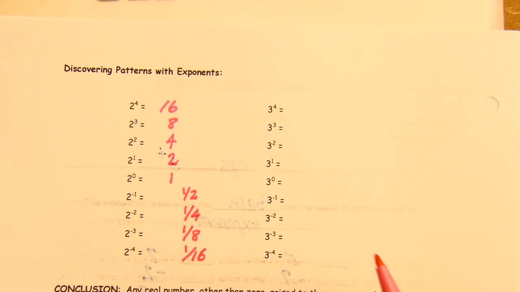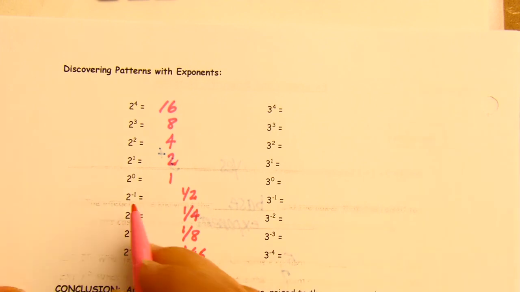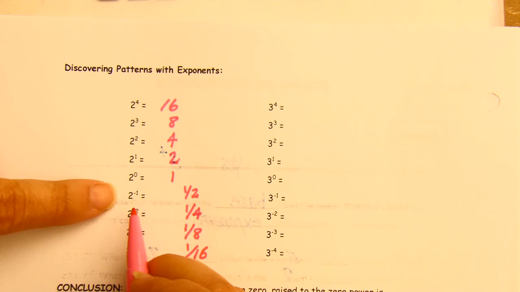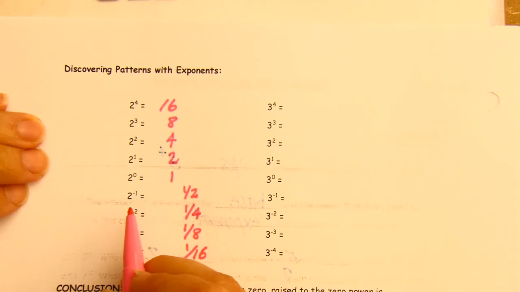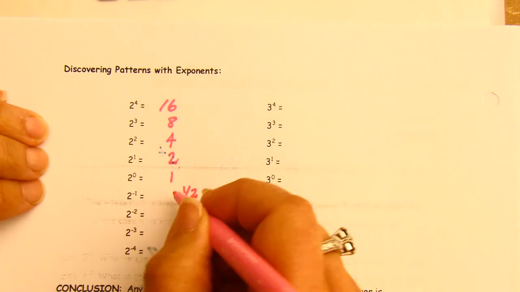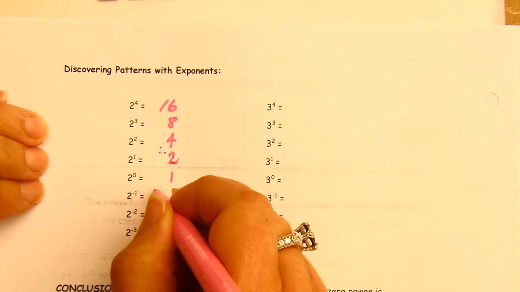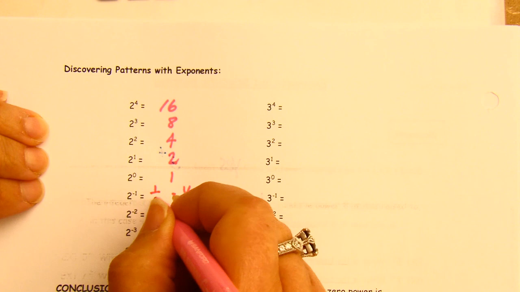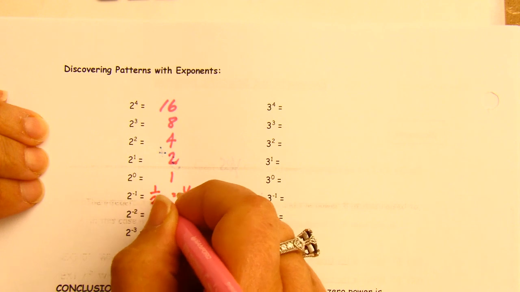And really the pattern, what you should be seeing here is when you have negative exponents, if you take the reciprocal, move this base with a negative exponent down to the denominator, the exponent becomes positive. So this is really 1 over 2 to the positive 1 power.